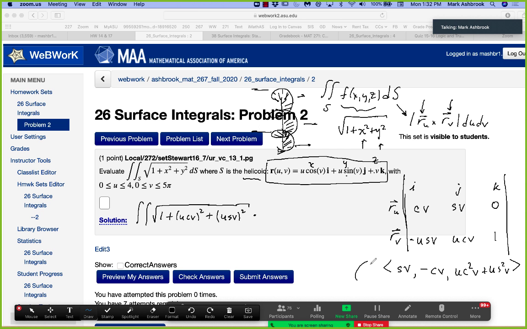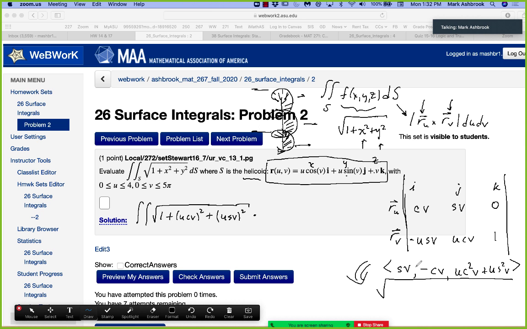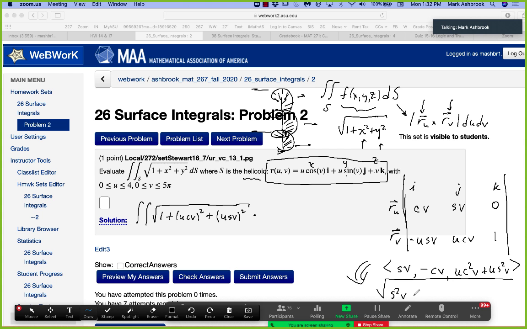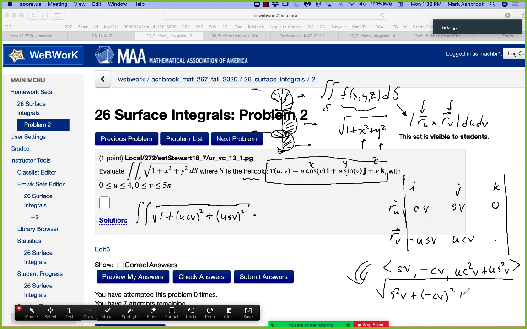The magnitude is going to be the square root of sine squared v plus negative cosine squared v. Before we square this, let's figure out what this equals. The z component is just u, and then we square it, so in here it's u squared.